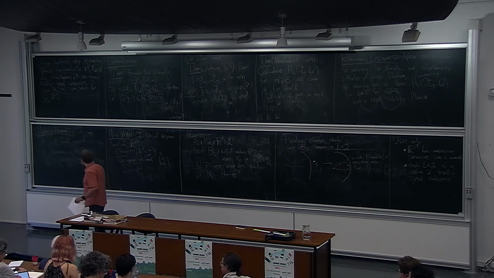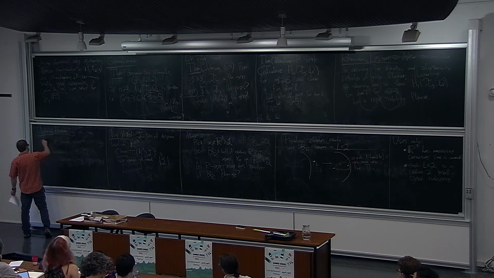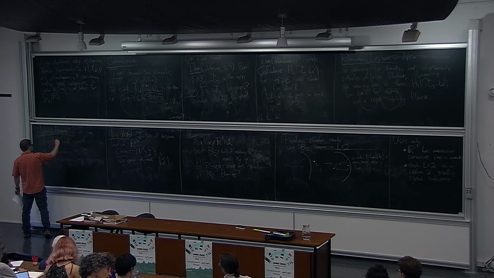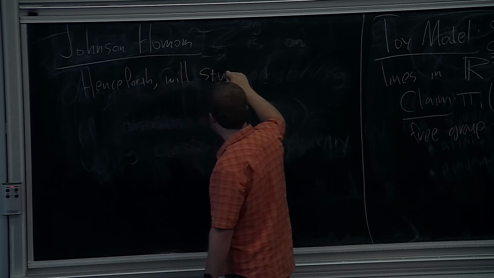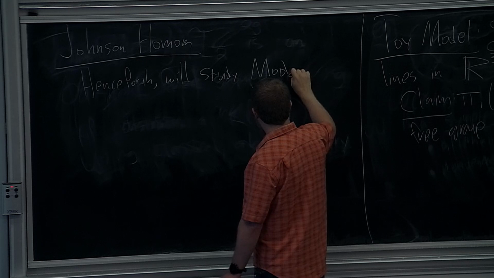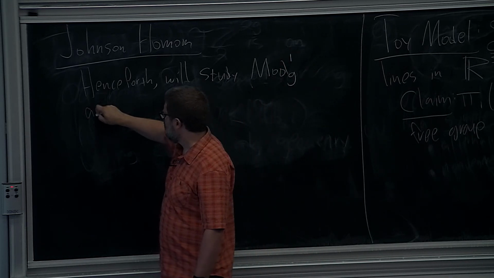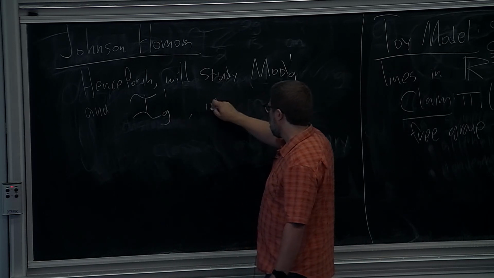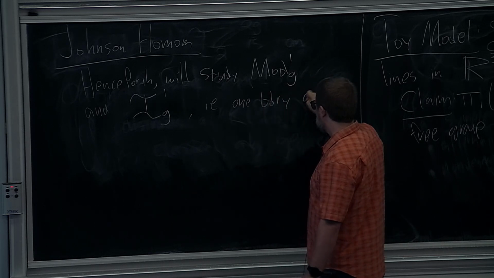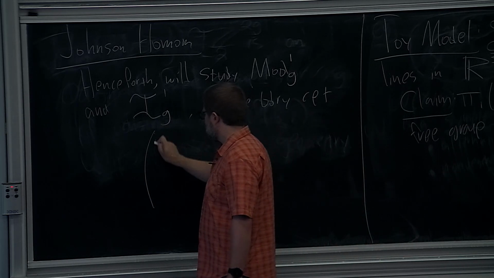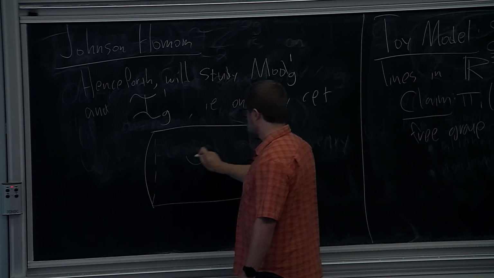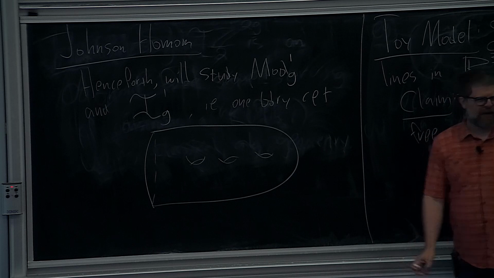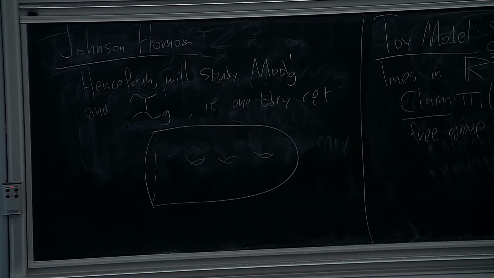So henceforth we'll study Mod G1 and Torelli G1, i.e. one boundary component. It looks like this. There are results for closed surfaces too, but the statement for the abelianization takes a much nicer form for surfaces with one boundary.